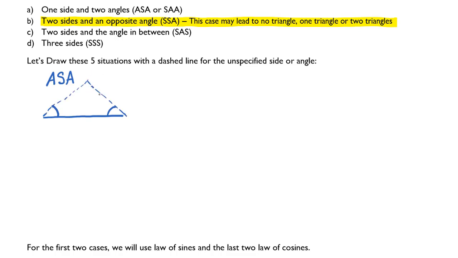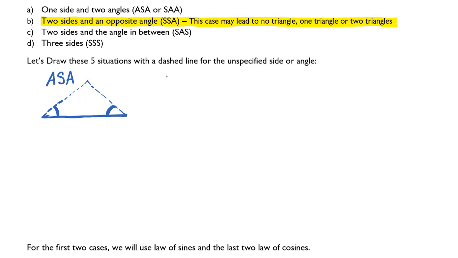The two other sides are dashed lines. Note that the sides that are dashed are defined by the bold or solid lines. So these dashed lines will only be found given these solid angles and solid sides.